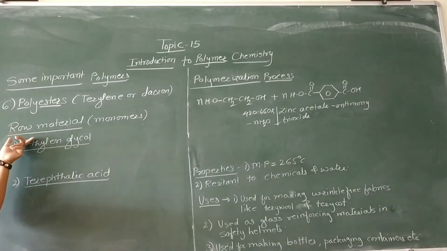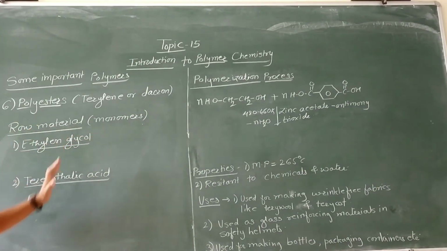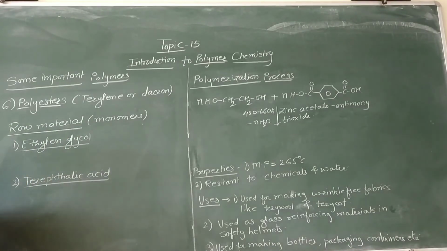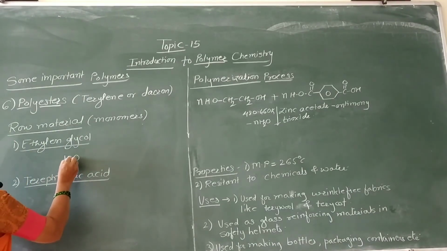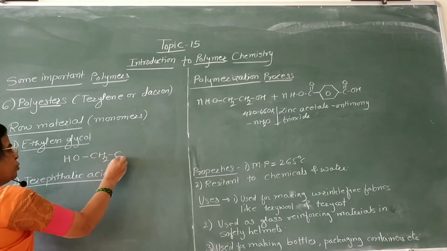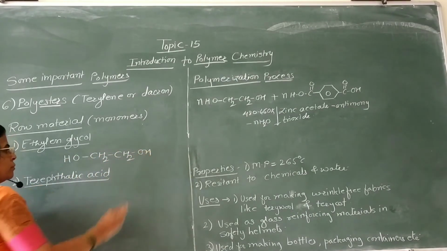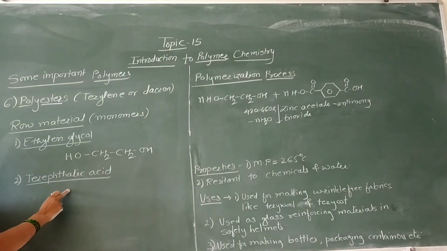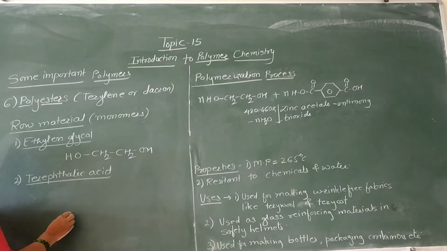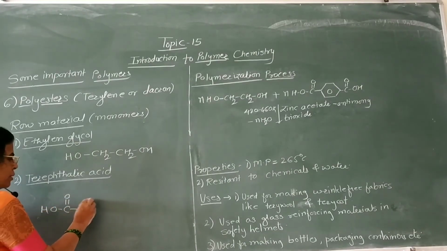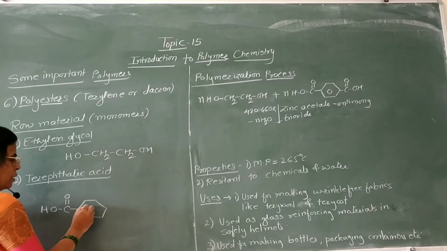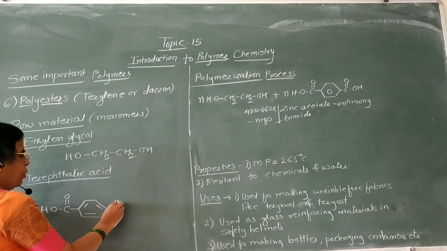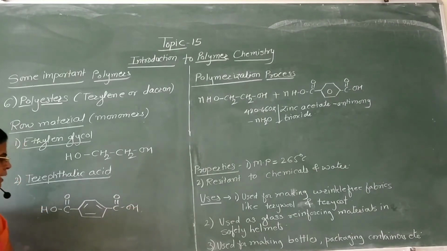The raw materials used for the preparation of terylene or dacron are ethylene glycol, whose structure is OH, CH2, CH2, OH, and second, terephthalic acid, whose structure is HOOC, benzene ring, COOH.